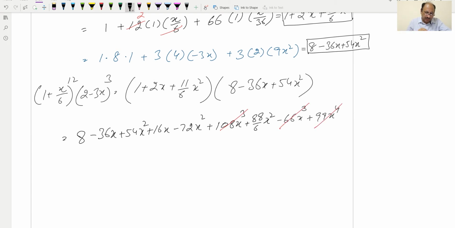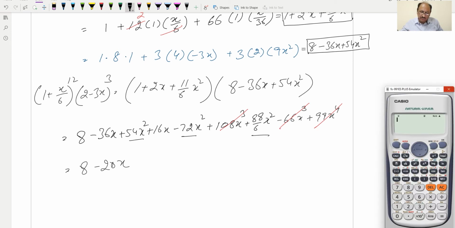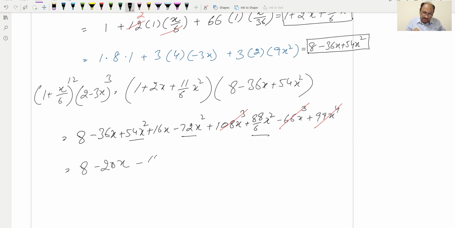This will be 8 and minus 36 and plus 16 will be minus 20, so minus 20x, and x square will be this and this, and we can simplify these square terms: 54 minus 72 and plus 88 over 6, and this will result to minus 10 by 3, so minus 10 by 3 x square.